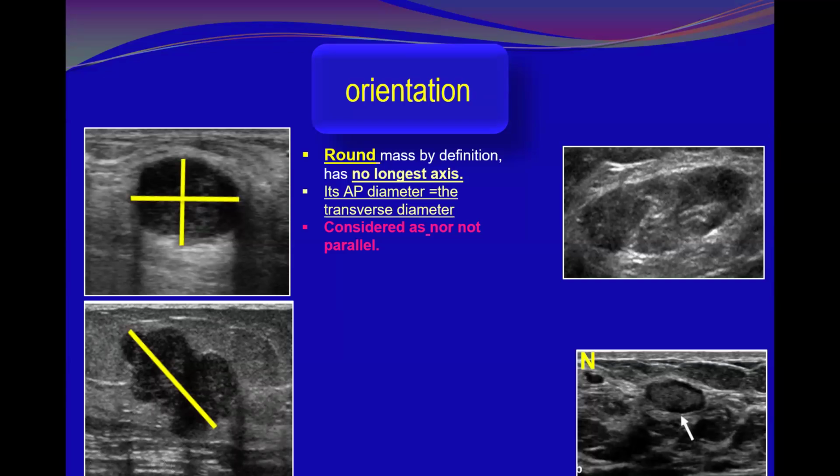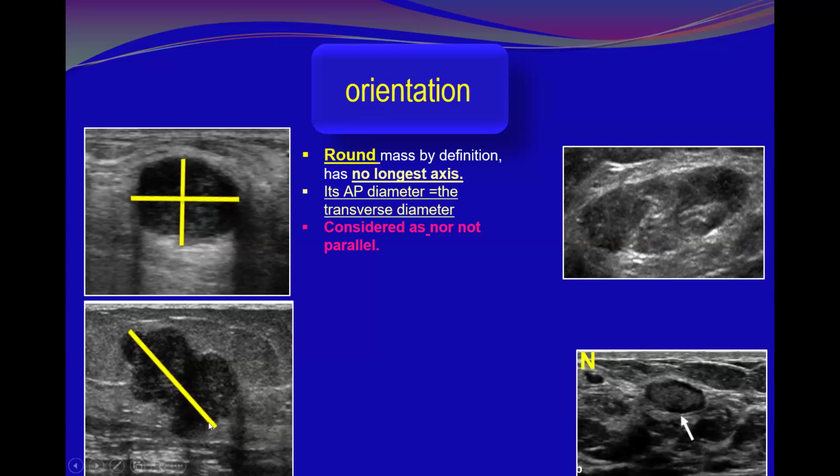Why? Because it is closer to non-parallel than to parallel. Excellent, because if you look at the long axis, it is more oblique, the obliquity going more toward the vertical rather than the horizontal.